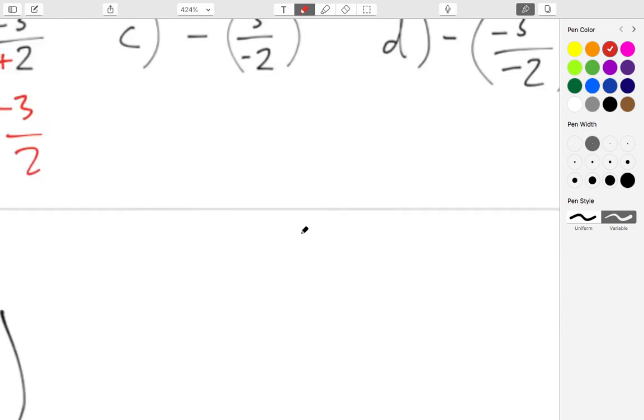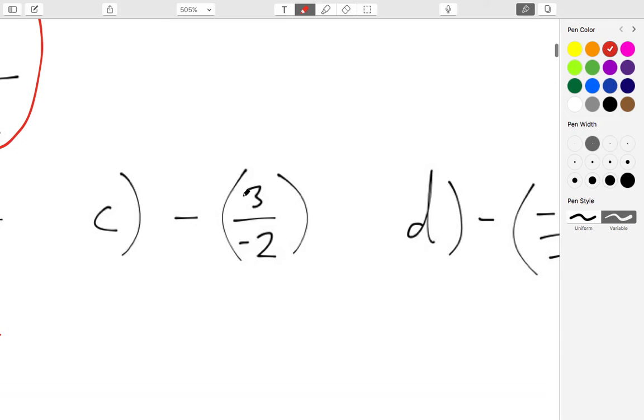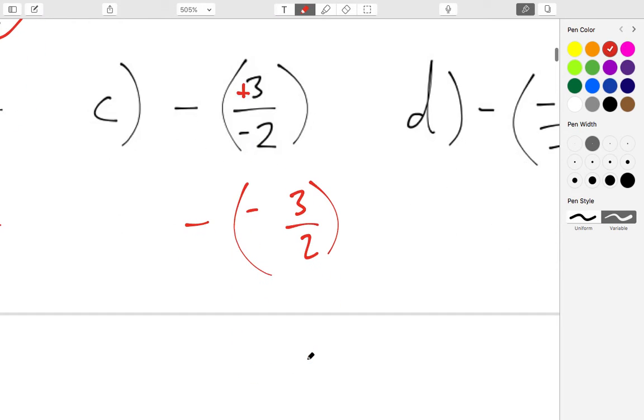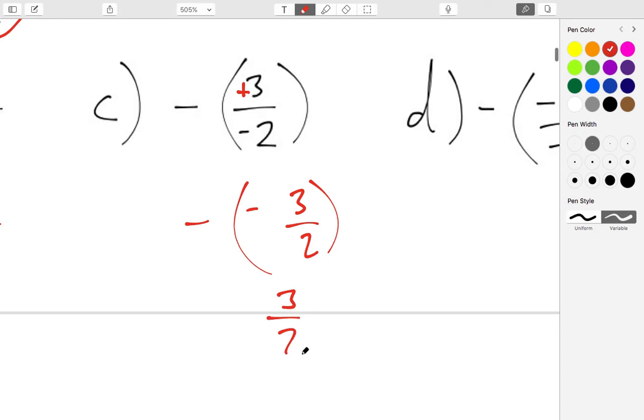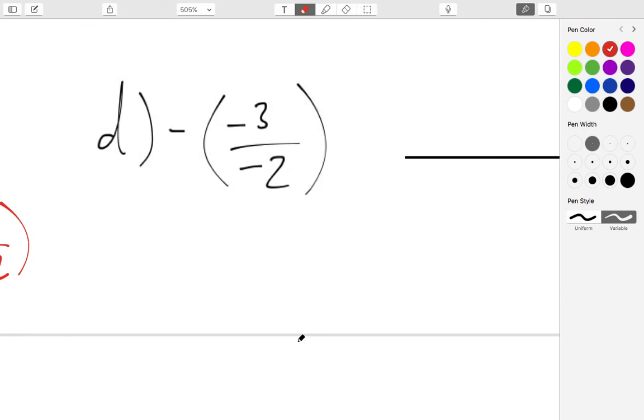So on part C, we put the positive here. What is a positive divided by a negative? Negative. So this is negative 3 over 2 after you do these two signs. Bring the negative down. What is negative times negative? Positive. Is this one equal to 3 over 2? Yes. Is C an answer? Yes. We're looking for ones that are equal to 3 over 2.